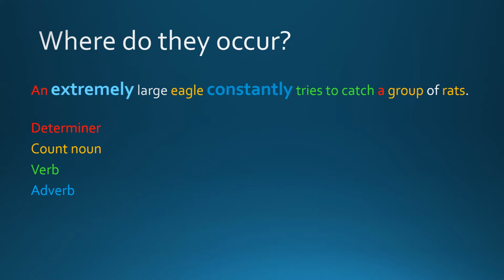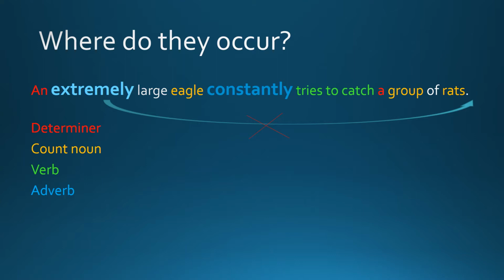Well, if we start with extremely, we see that extremely is actually inside a noun phrase, an extremely large eagle. We can try and move it out of that noun phrase, but that doesn't actually work very well. A large eagle constantly tries to catch a group of rats extremely. If you find that acceptable, then at least you can see that extremely then means something else.